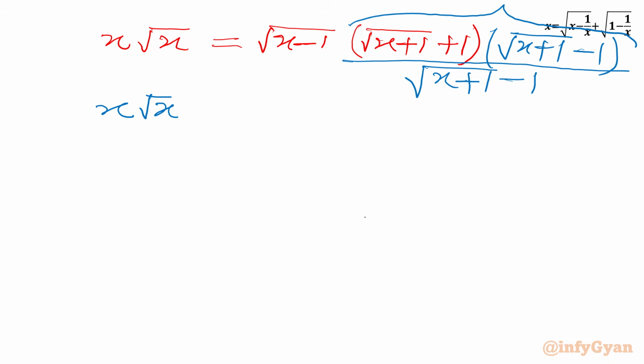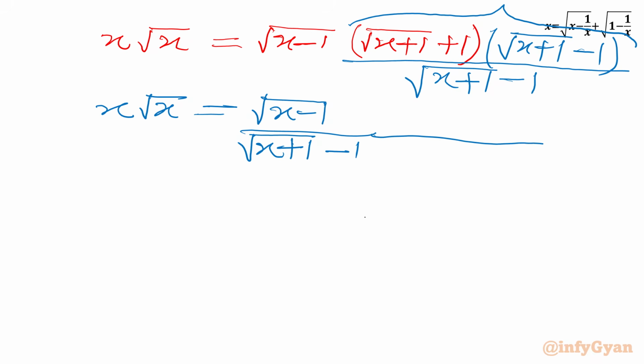So x root x would be equal to square root of (x minus 1) times (square root of (x plus 1) minus 1), and here we'll write times (square root of (x plus 1)) whole squared, which is x plus 1, minus 1 whole squared. We will cancel plus and minus 1 from the bracket.